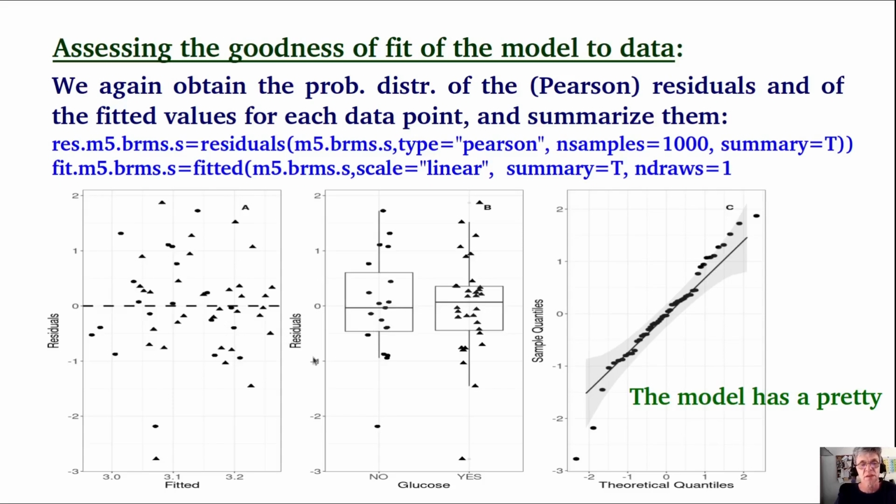When we compare the residuals against glucose, we see that the median of the residuals between these two groups are nearly the same, which is a sign of a very good fitting model. These two worrying residuals are essentially the same as here. The residuals follow a normal distribution with the exception of two of the points. Again, the model has a pretty good fit to the data.